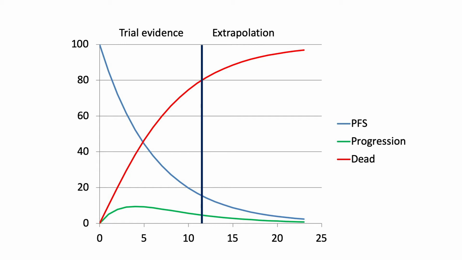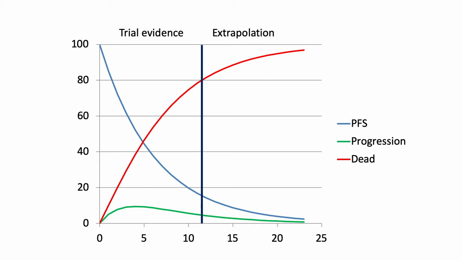And so what we do is fit a mathematical model, a statistical function, to the data that we have, and then make the assumption that that same statistical model would apply beyond 12 months. Because we don't have any other data to go on. It's a very strong assumption, but nevertheless it's a plausible assumption. We can test it, we can try different types of mathematical functions to see how they each perform, and hopefully they might all point to something which is comparable.